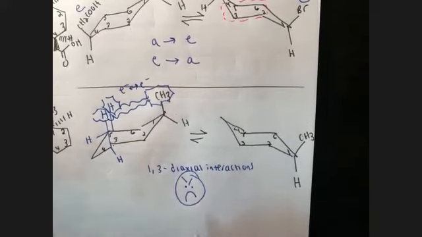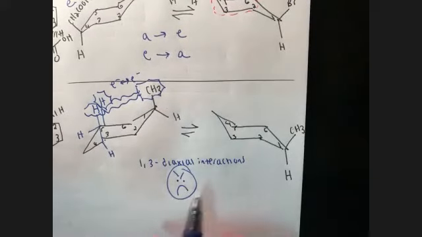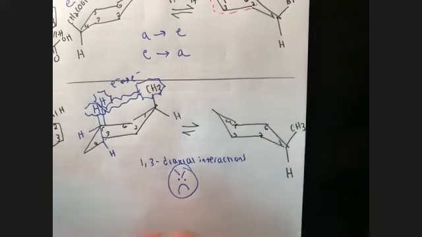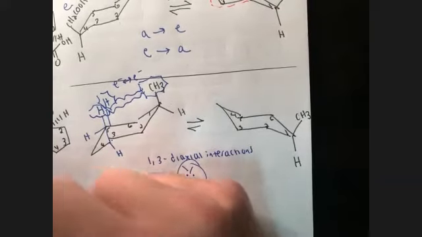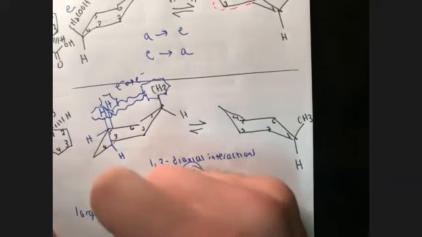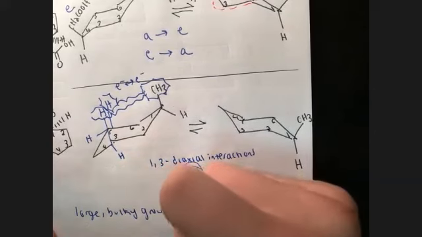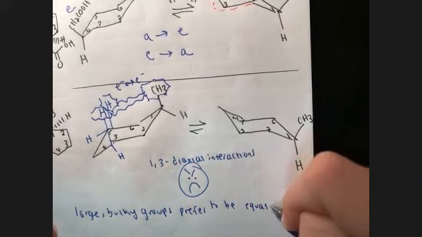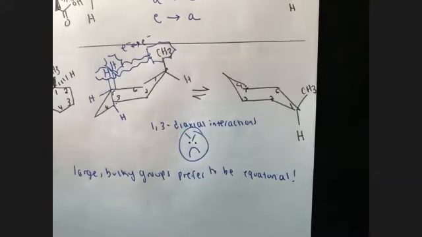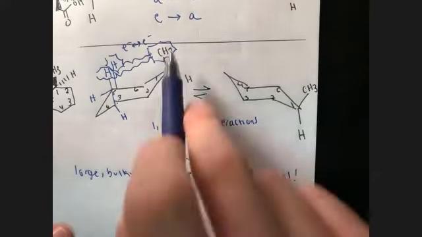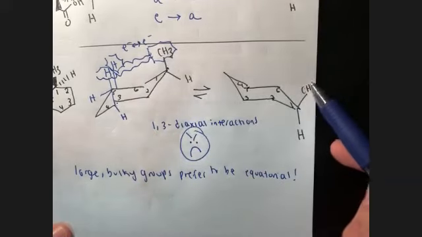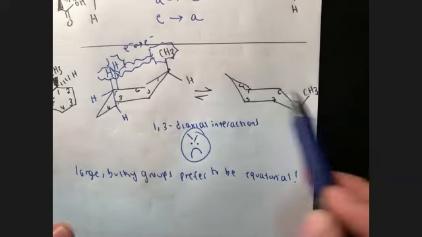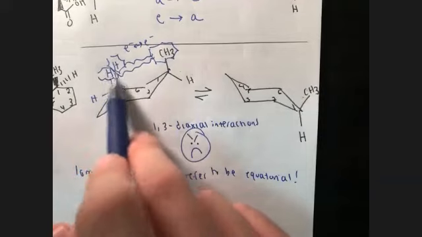So in terms of stability, anytime we're going to rationalize which one is better, we prefer the large, bulky groups to be equatorial. Does that make sense? These large bulky groups, now it makes sense why they want to be equatorial, because in this situation, you reduce these hydrogen diaxial interactions.